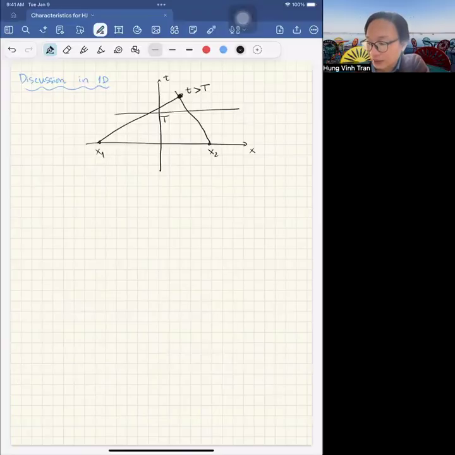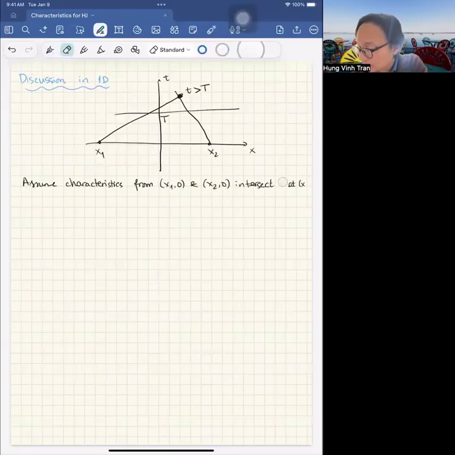So let's do that. Let's assume that the characteristics from x1, 0 and x2, 0 intersect at a point, say x bar, t bar.